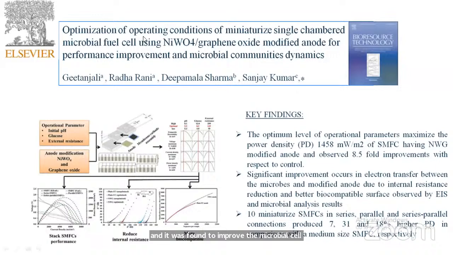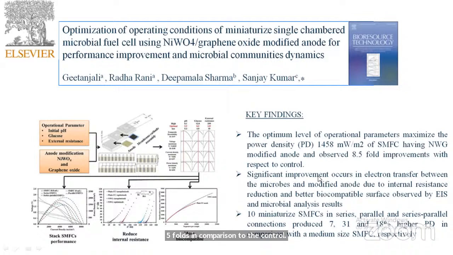On the basis of the electrochemical findings, which were performed in an electrochemical analyzer, where we largely performed cyclic voltammetry and LSV studies, it was found that when the modified electrode was used as anode, the power density increased by 8.5 folds in comparison to the control.